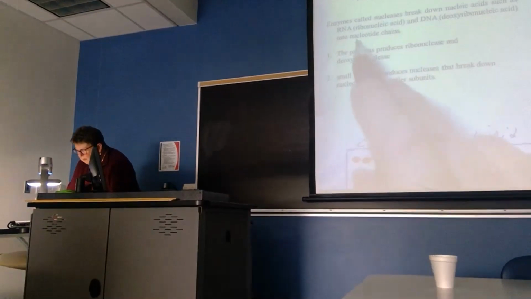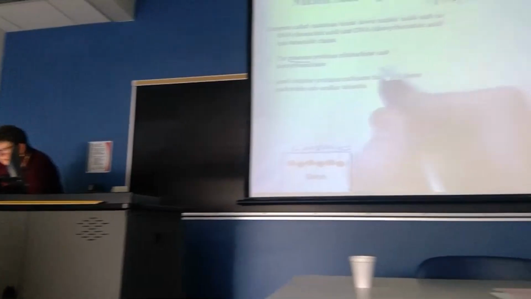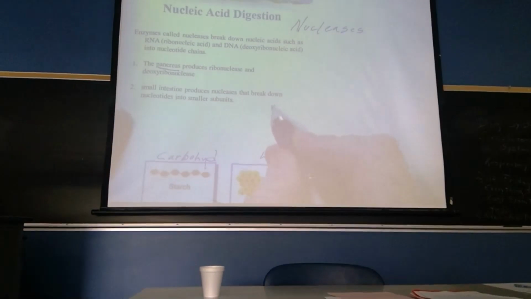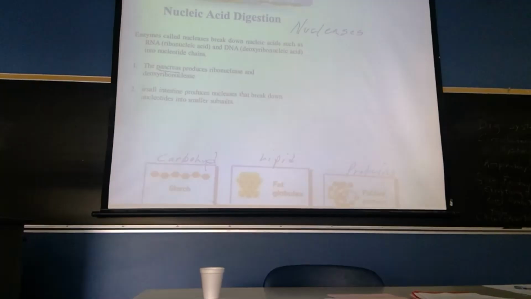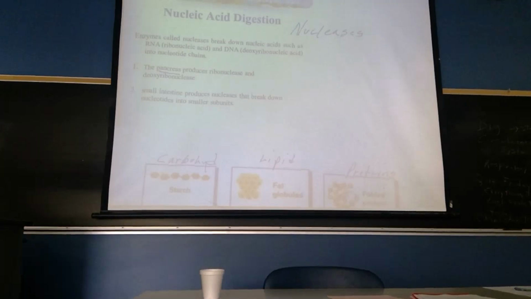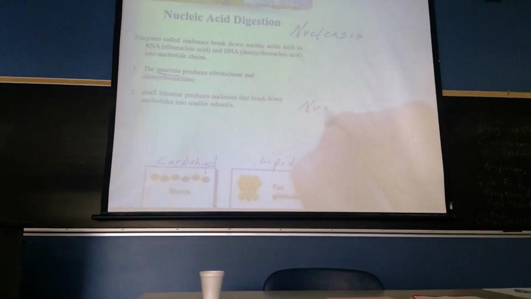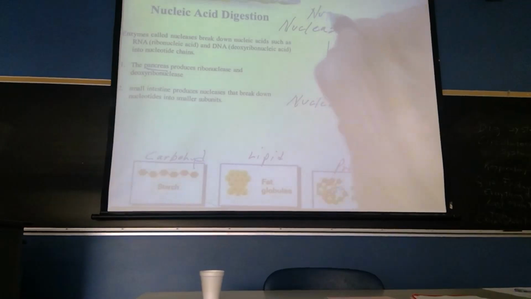You don't have to get much more specific than that. It says the pancreas actually produces some of these, and the small intestine also produces some enzymes. So between the pancreas and the small intestine, you get those broken down into simple nucleotides. Okay, nucleotides. So carbohydrates, lipids, proteins, and nucleic acids.